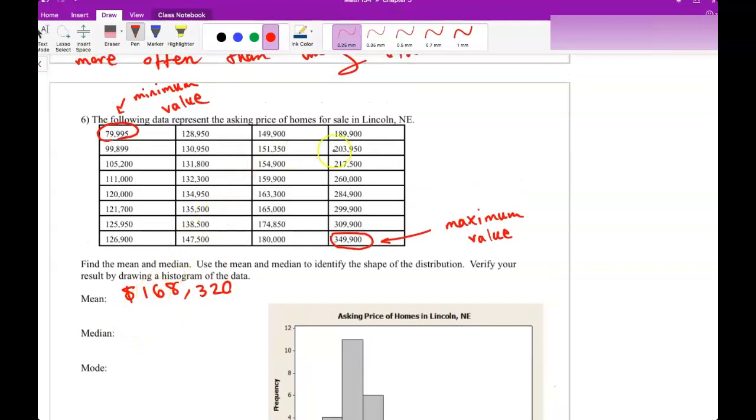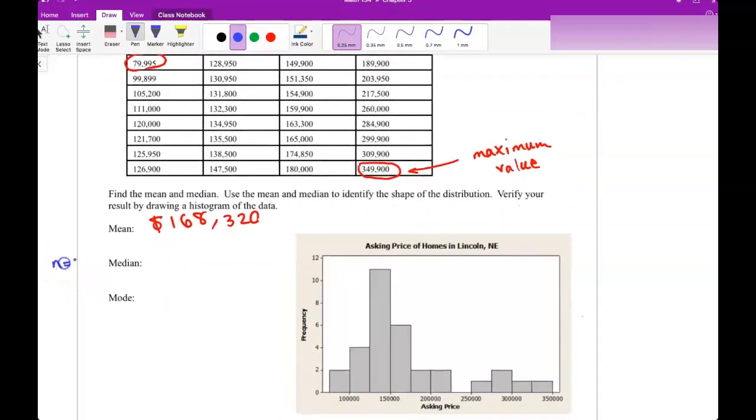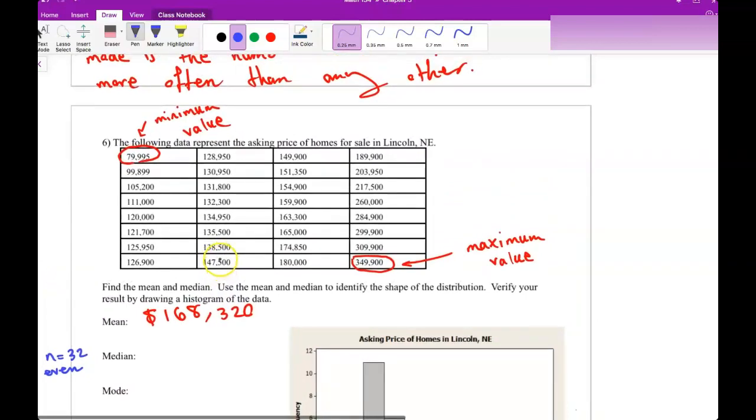Now finding the median, since n is 32, and that is even. These numbers are in order. We have to start from here on top, then move down. Then after that we have this number. Again, moving down.